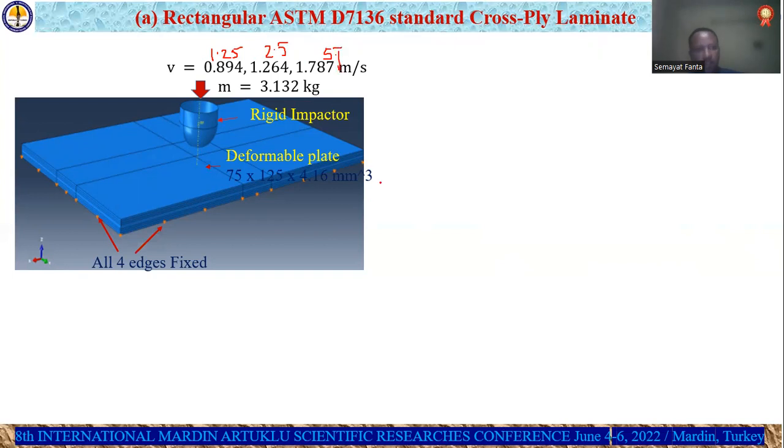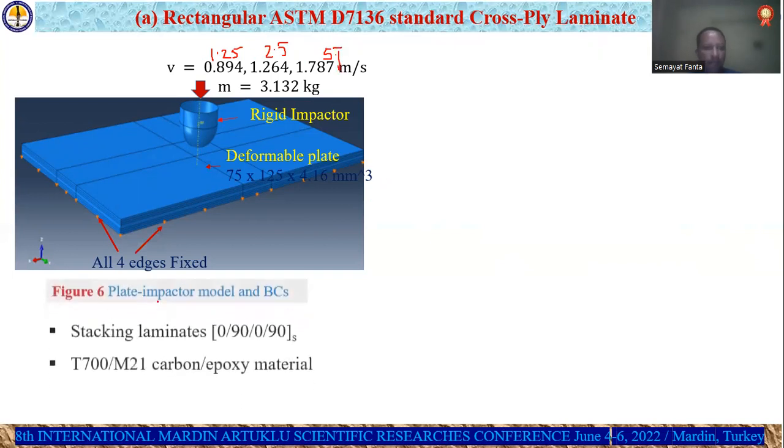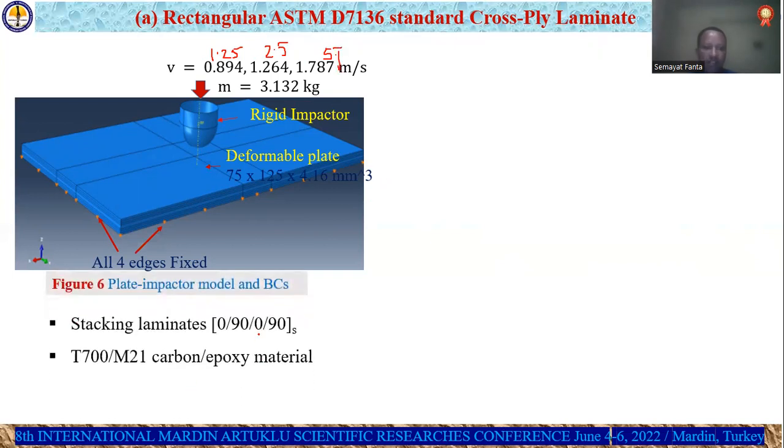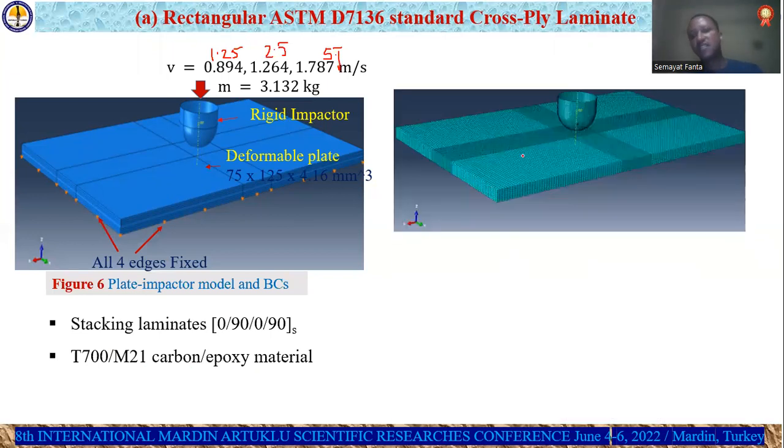At the same time, the material stacking sequence is 0/90 symmetric, which is cross-ply, and T721 carbon epoxy material is considered, and this is the meshing scheme used. So we used the localized mesh at the impact critical region and a coarse mesh at the far edge.